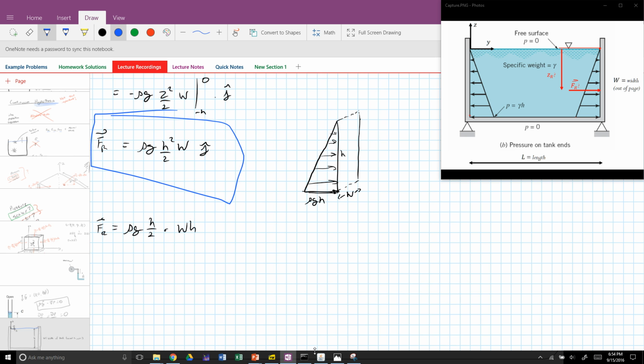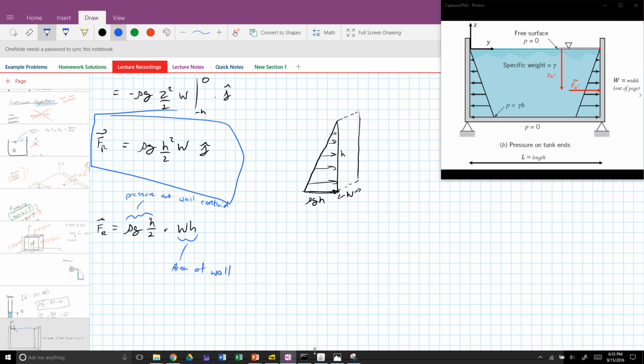Now let's split the terms up here, such that this is the pressure at the wall centroid, and this is the area of the wall. This wall is h high, therefore its centroid is at h over 2, which means that rho g h over 2 is the pressure evaluated at the wall center, and multiplying that pressure by the area of the wall gives us the resultant force.